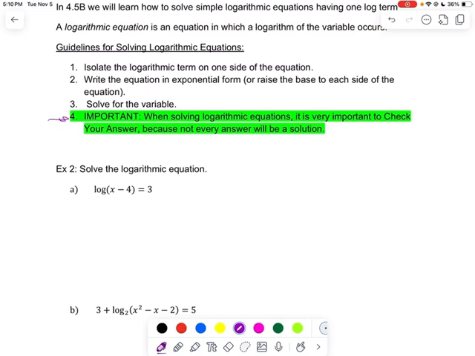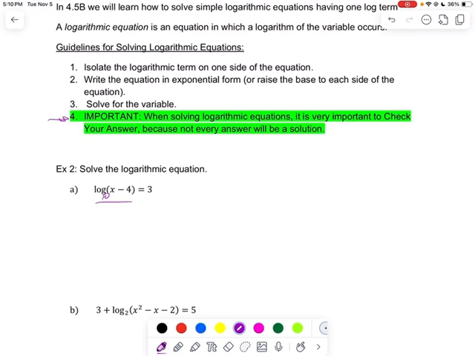Okay, so let's look at this first example. It says log of x minus 4 equals 3. Now this is already isolated. The log term is isolated here. So we can go to the exponential form. What is the base here? The base is 10, because no base with the log means the base is 10.